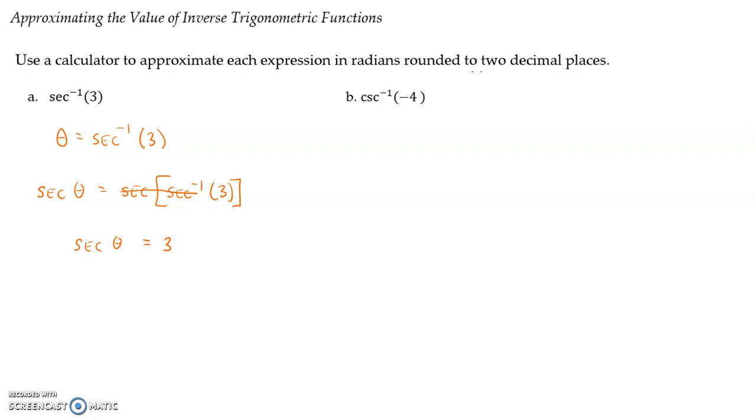Now we can go ahead and use our identities to rewrite secant of theta. This is the same thing as 1 over cosine of theta. And now we have an equation that we want to solve for cosine. So we're going to multiply both sides here by cosine theta.